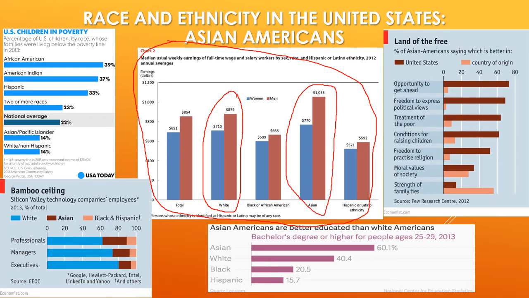On average, Asian men make about $1,055 a week, and the average white man makes $879. In addition, Asian American women make more than any other racial category of women, making about $770 a week, whereas the average white American woman makes about $710 a week.